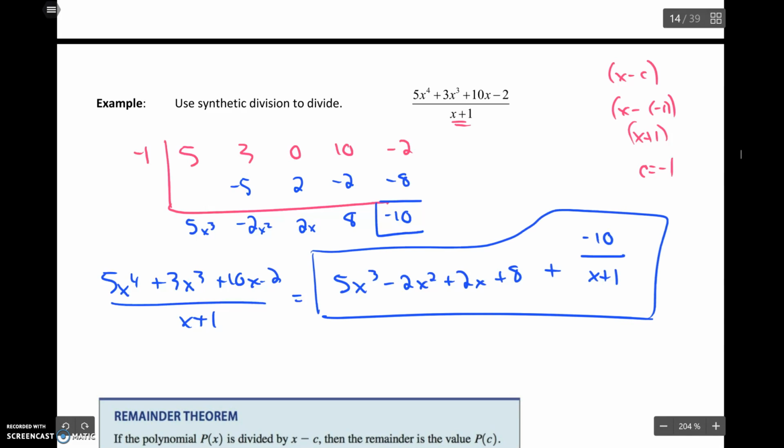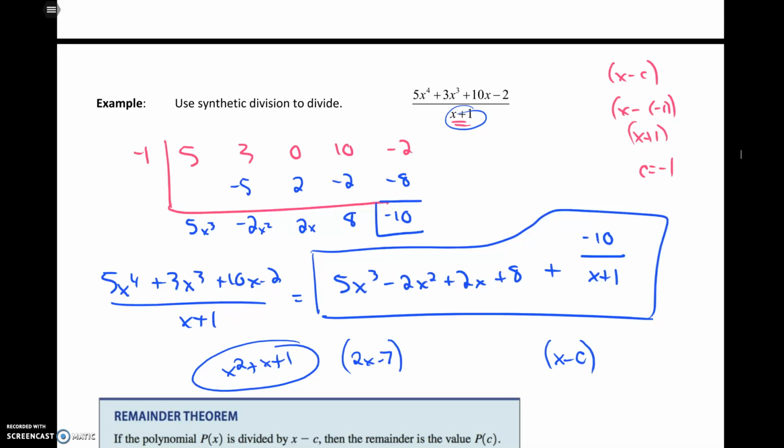The problem is it only works if your divisor is a simple x minus a constant. If your divisor is 2x minus 7, you can't really use it. Now, if you're smart, you can kind of make it work with this one. But if your divisor is x squared plus x plus 1, you can't use synthetic division at all. But use it whenever you can because it's so short, quick and easy. Okay.